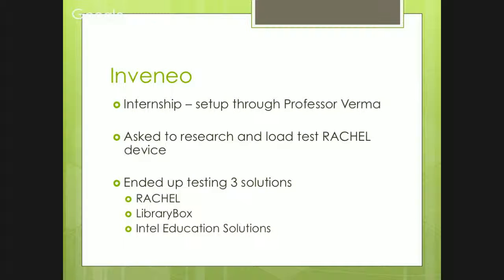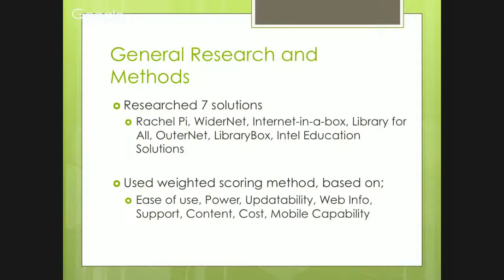In the end, we ended up testing three solutions. As I said, we were going to focus on Rachel, but we did Rachel, something called Library Box, and Intel Education Solutions. So originally we load tested, and we got results for 3 solutions, but we researched about 7 different ones.